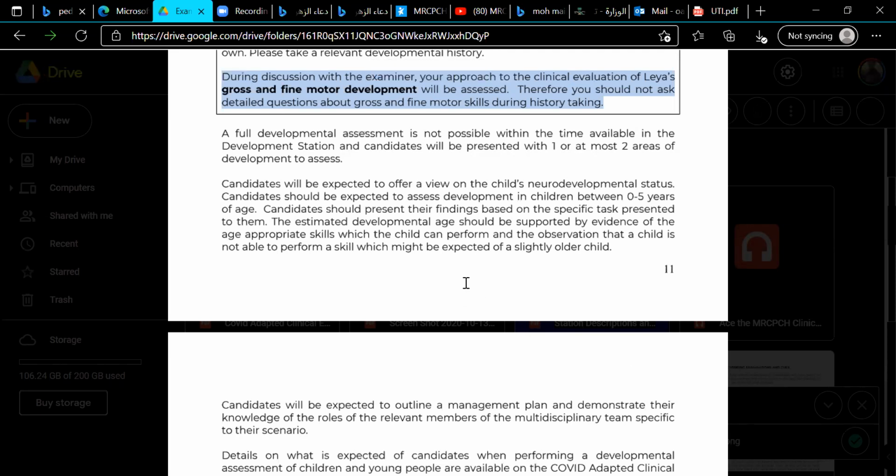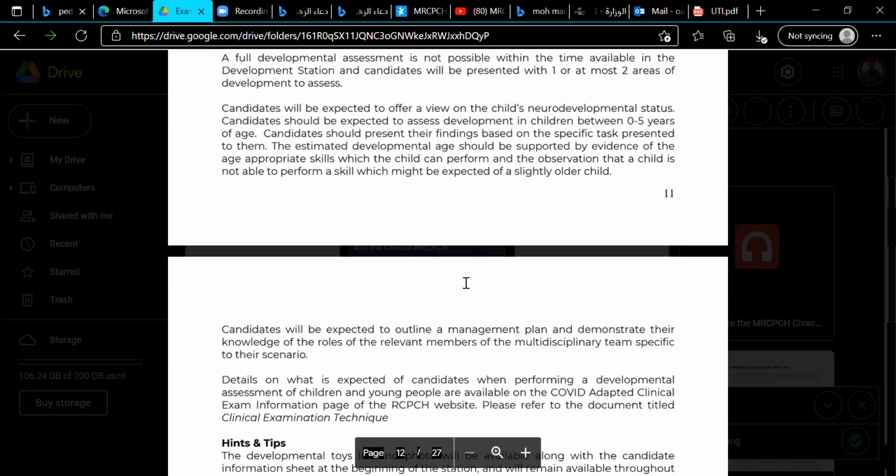So I understand that the developmental age will be described only by the examination, not by the history. It's not written clearly, but is anyone sure about this information? With the history, we will not give the developmental age, only for the specific task.